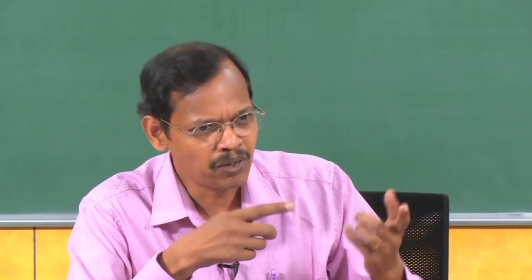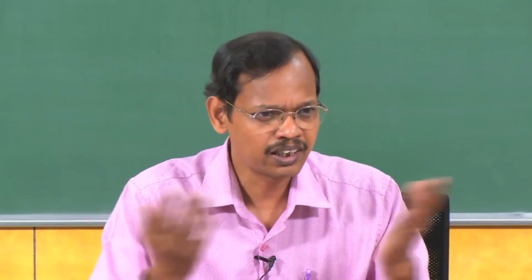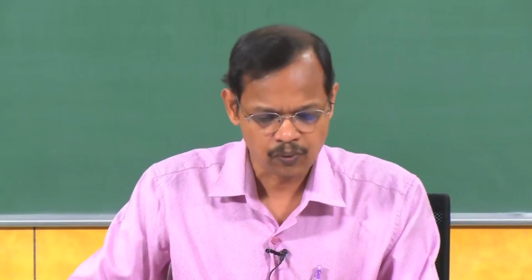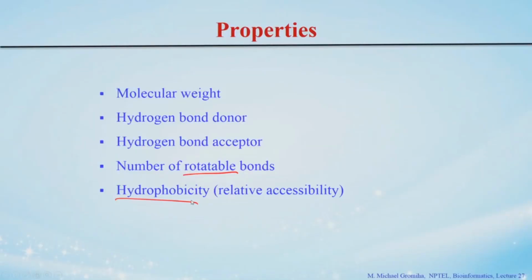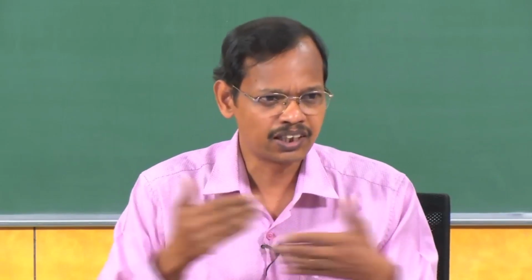Like the number of rotatable bonds, this can make various conformations, and based on the conformation, the ligand can interact. Then the cavity, depending on the cavity size, the ligand can bind or not. This is the reason why we consider the molecular weight, depending upon the cavity. Then hydrophobicity, if there are hydrophobic groups on the protein side, then it requires hydrophobic side chains on the ligand side to have these interactions.